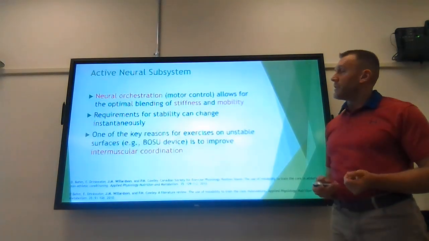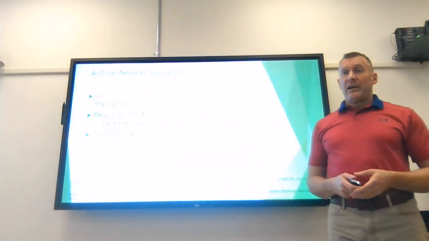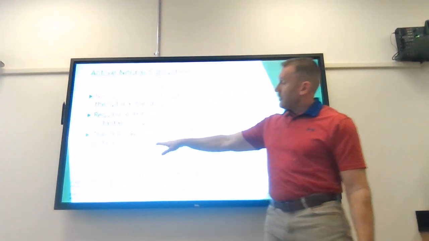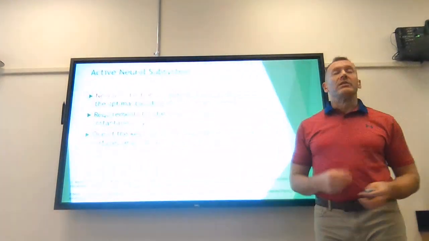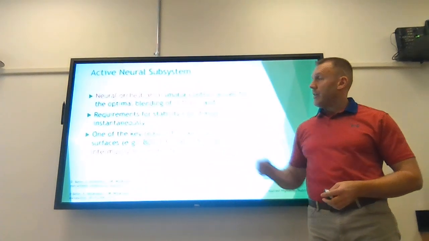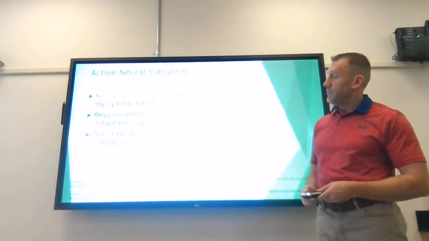Requirements for stability can change instantaneously. One of the reasons we use unstable surfaces like a Bosu device is because it's good for improving intermuscular coordination. So we'll get back to that and the usefulness of unstable devices in a few more slides.